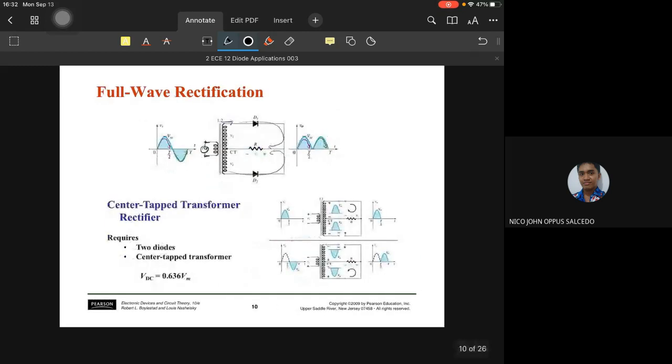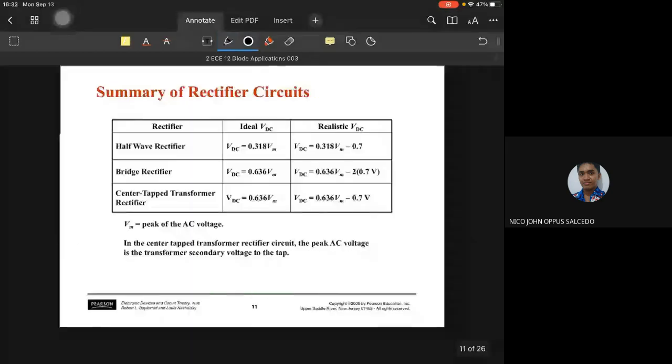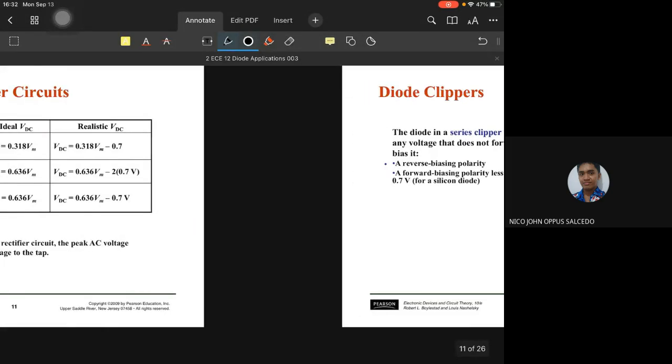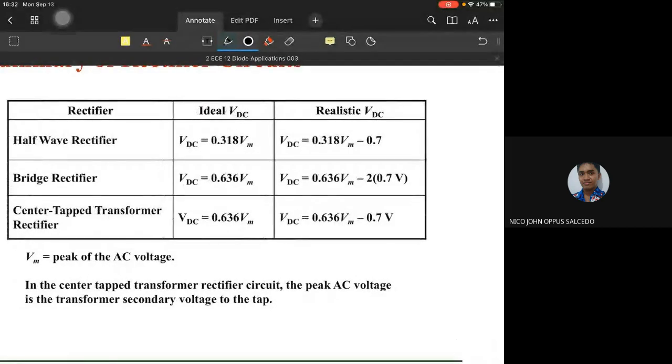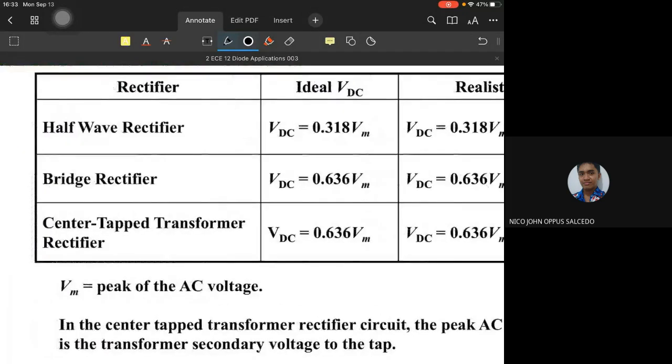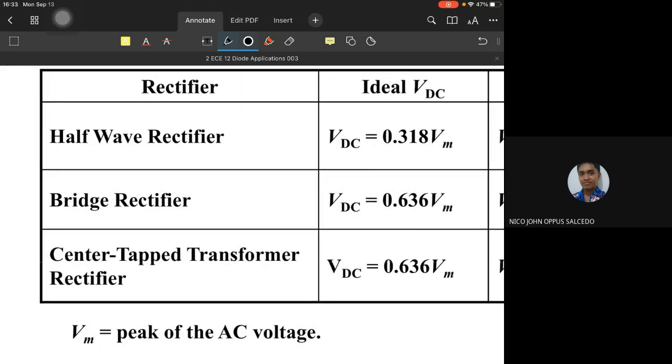Now, a side note before we end. Before the side note, this slide is wrong. Those formulas are the ideal approximation.